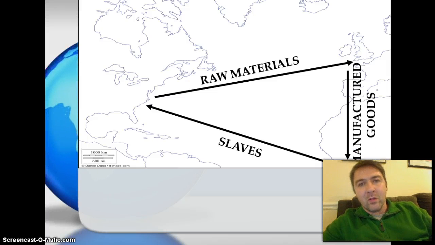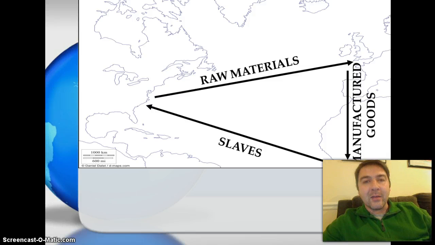In other words, the lumber from the Americas got sent across to Europe, where it got turned into tables and chairs. And then those manufactured goods were sent down to Africa for sale there. Once again, the triangle is a little bit different, but we see as a constant here slaves as the product leaving Africa.